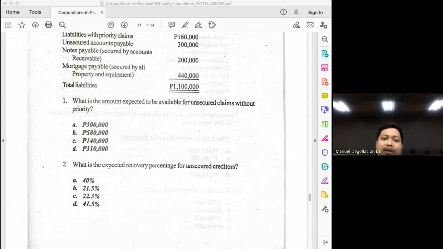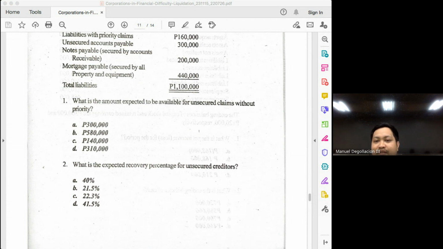The issue now is, how do you know what is being asked if it's an open-ended problem? For me, the keyword here, class, would be available. If it asks for the amount available, that means you are asked to include your net free assets. The amount available to pay them would be simply your net free assets.